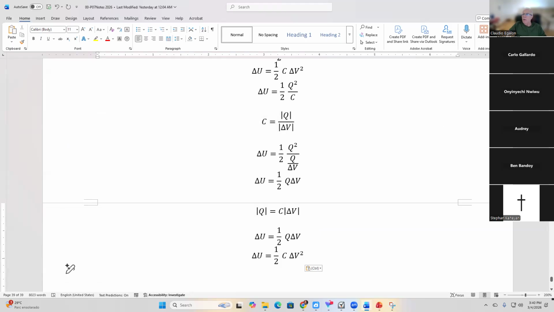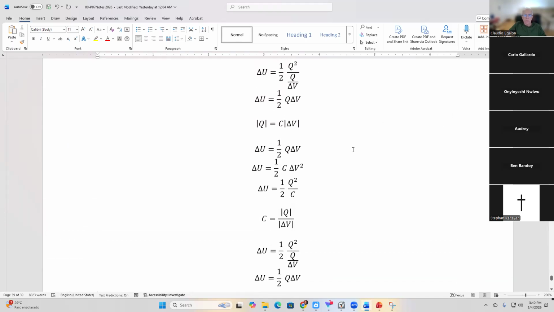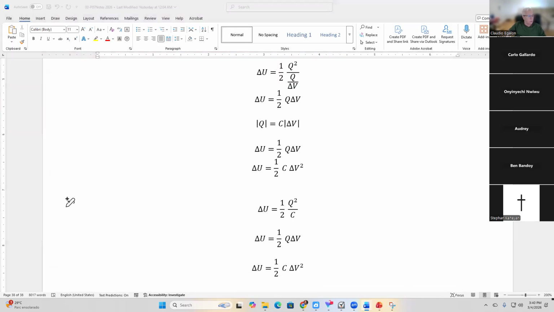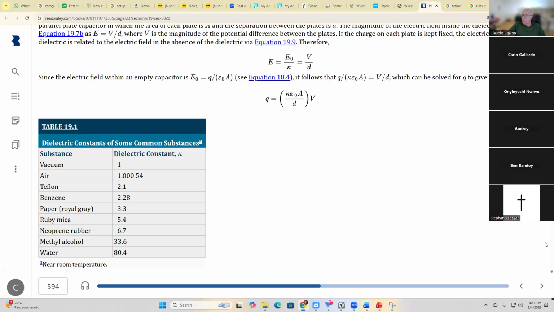That's the first, that's the second, and that's the third: in terms of Q and C, in terms of Q and delta V, in terms of C and delta V. Three different equations, okay? And let's see if you have anything else here.